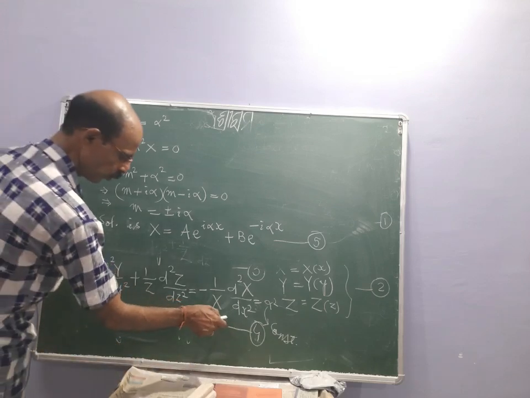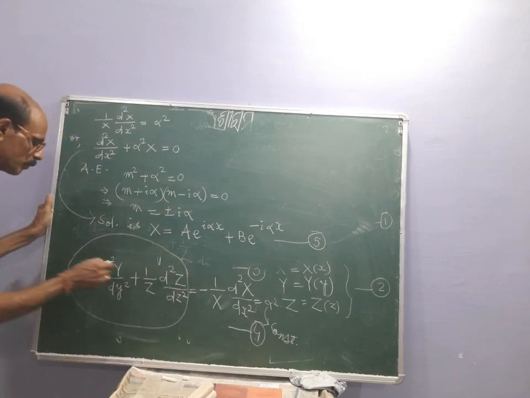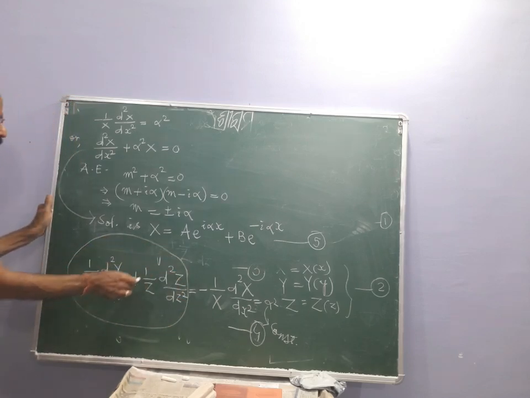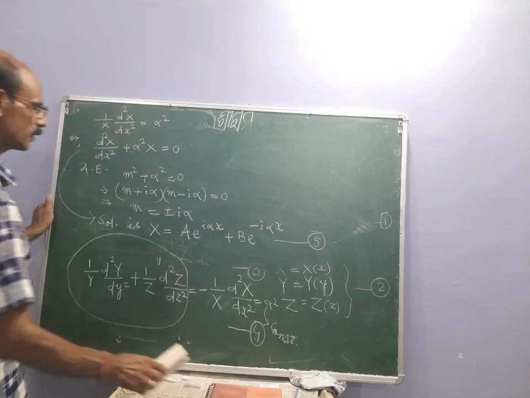Again from equation 4 we can write 1 by Y d square Y by dy square plus 1 by Z d square Z by dz square is equal to alpha square.